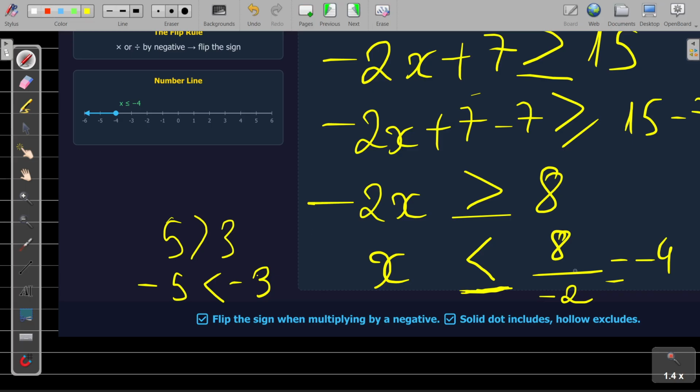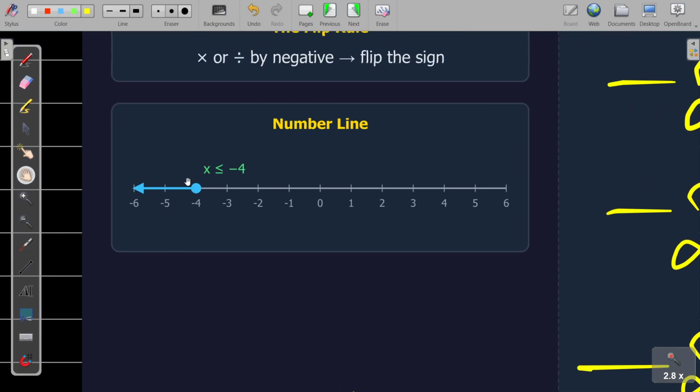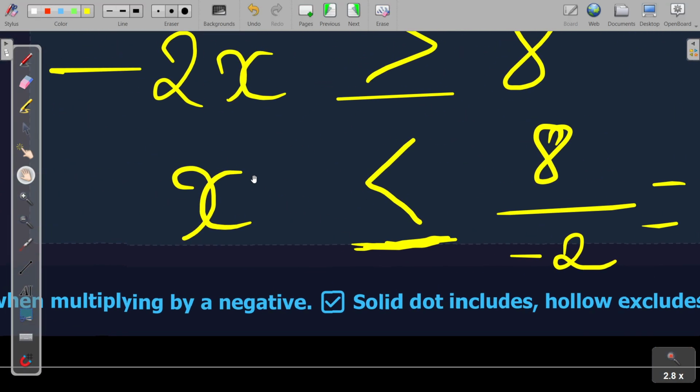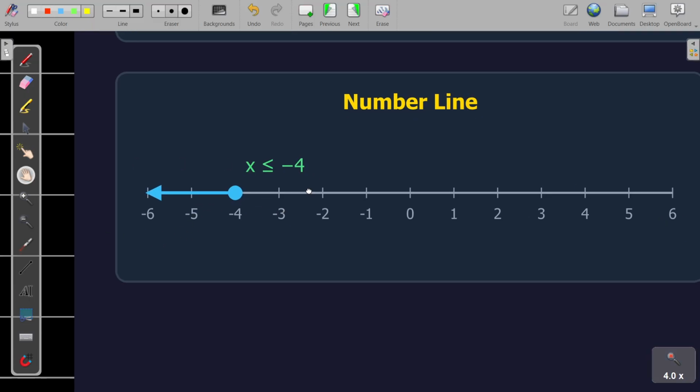Now let's graph the answer. We have our answer right here. x is what? Less than or equal to negative 4. So the solid dot includes it, and the hollow dot excludes it. So as you can see here, solid dot includes, hollow excludes. I'm going to zoom in here for everyone to see.